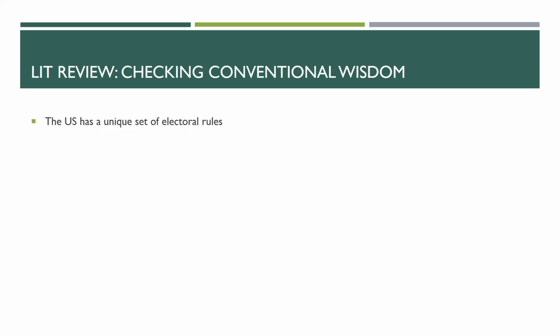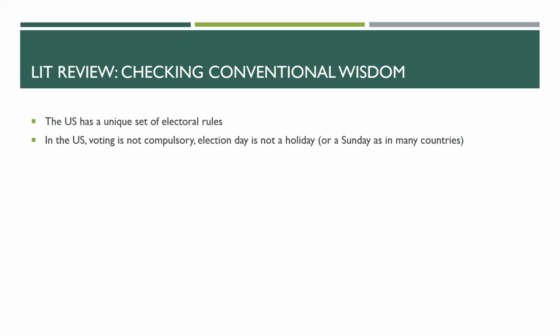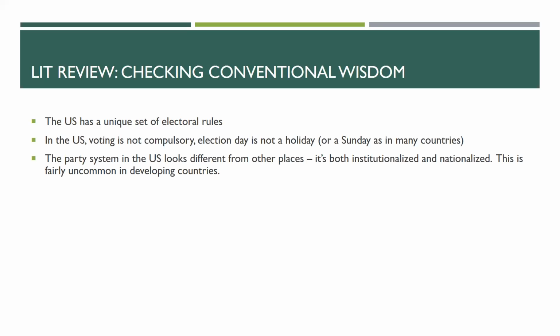So, the ones I jotted down to myself, first and foremost, again, this comes from me being a comparativist, the US has a unique set of electoral rules. Electoral rules affect everything related to accountability and representation, and therefore engagement and participation. I mentioned in the US, voting's not compulsory. It's not a holiday or a Sunday as it is in a lot of countries. So we might need to account for that if we're trying to generalize our conventional wisdom elsewhere.